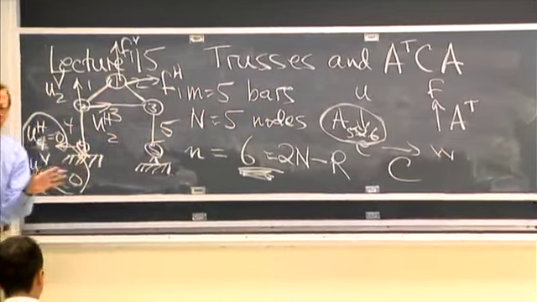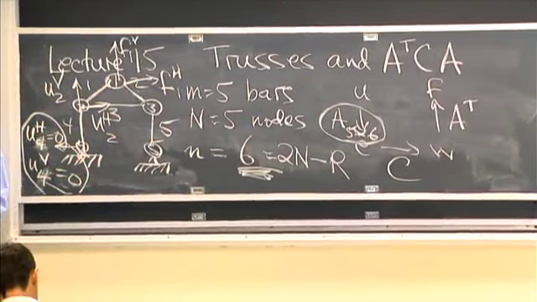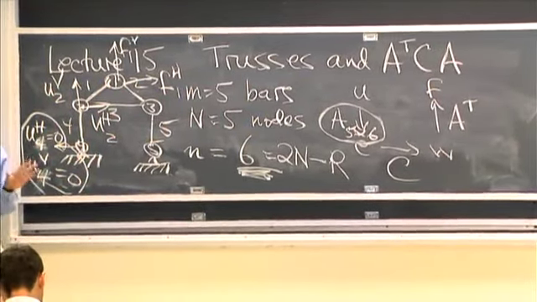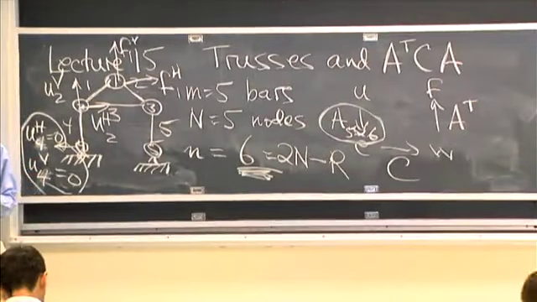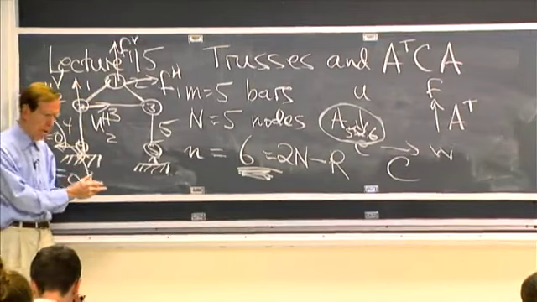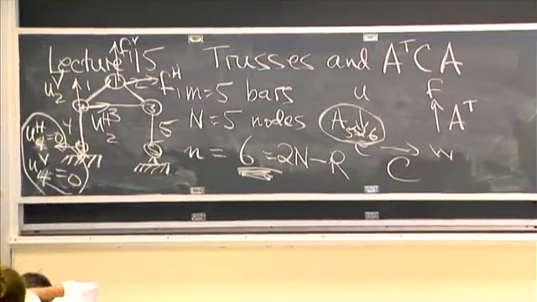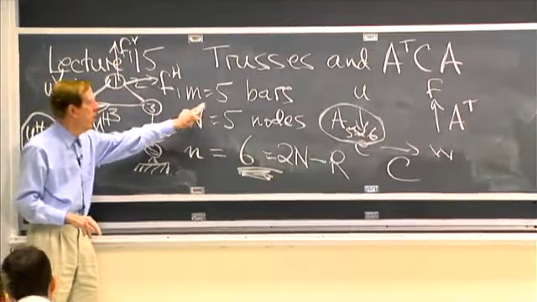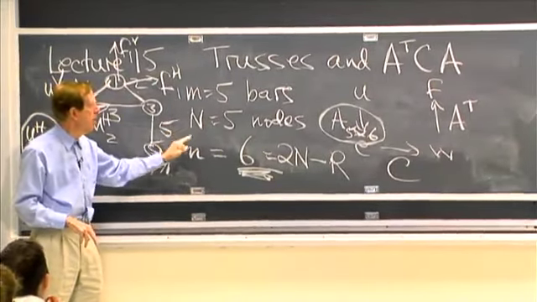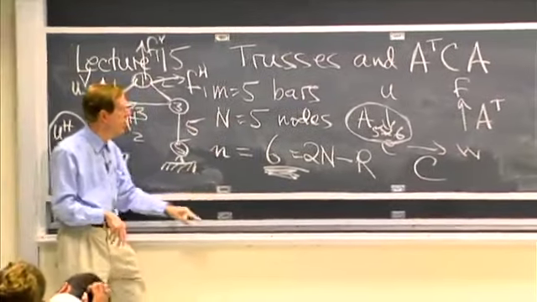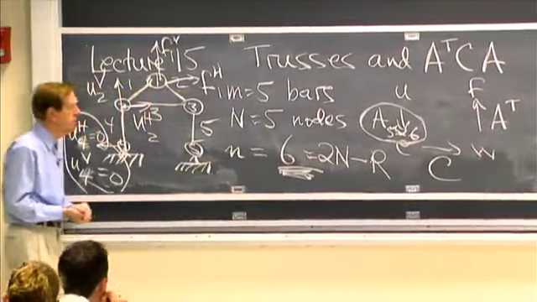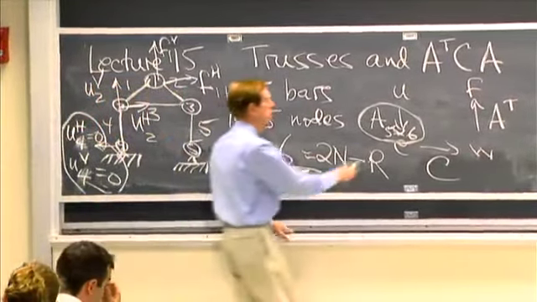Now you're going to ask, what is that matrix? But let me hold that off for a little moment. I wanted you to see its shape first. So you could now do this for a large truss: you count the bars, count the nodes, and then count the unknown displacements, u.